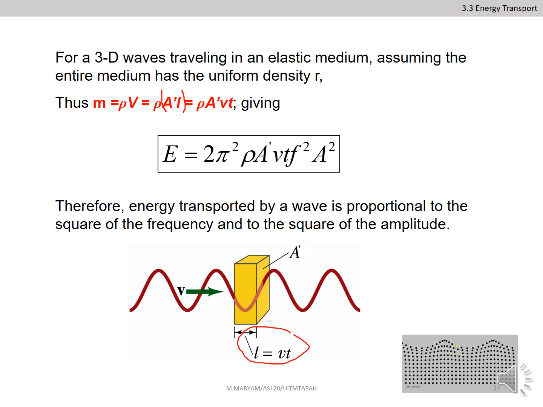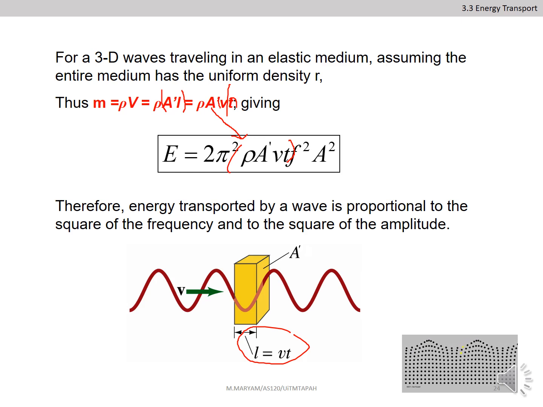If, let's say, L is not given, we substitute L equal to vt, which is the length, velocity times time.